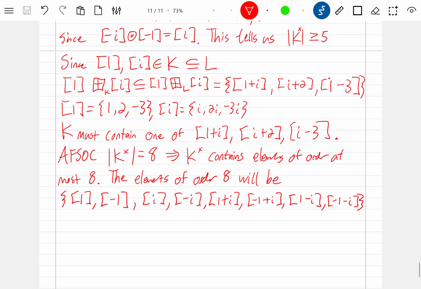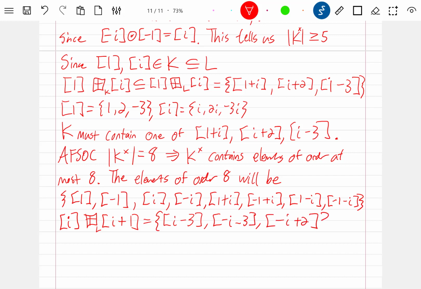But we're in an extension. And we have to have i, because that's an element of order at most 8. Let's consider, if we add this to the set 1 plus i, if you work it out in L, this is the set i minus 3, minus i minus 3, minus i plus 2.